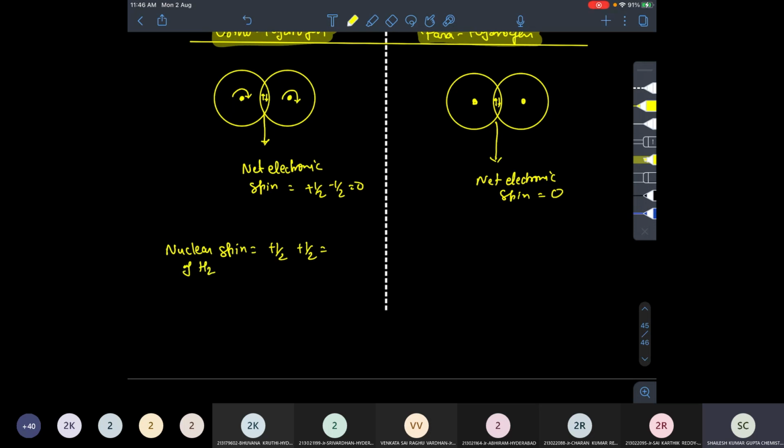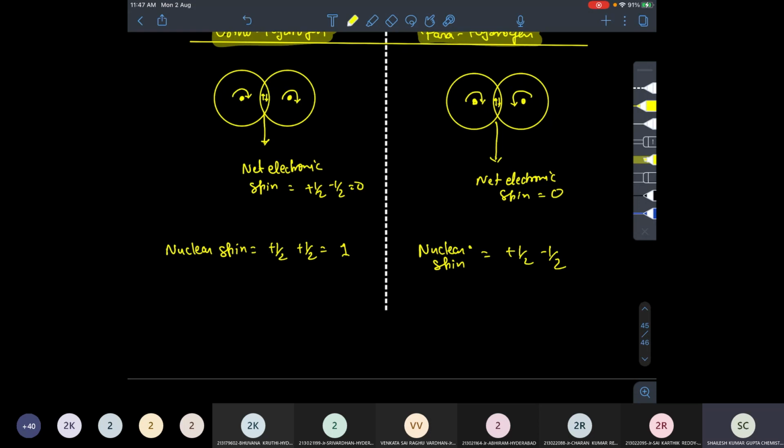I'm telling you which H2, orthohydrogen, which is coming out to be plus half and plus half, which is 1. Here nuclear spin plus half and minus half. This is the symbol I am trying to tell you. Please understand, spin notation is there.